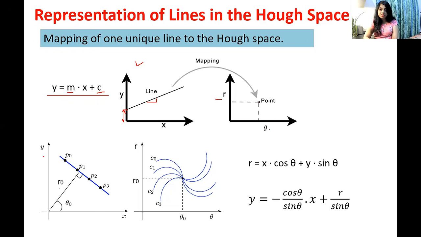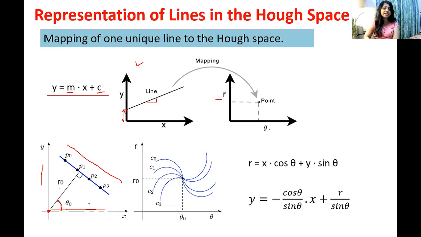Suppose this is the x-axis, this is the y-axis, and this is any line. And P0, P1, P2, P3 are points lying on that line. So when you join the 0 coordinate, that means at x equal to 0 and y equal to 0, and draw a perpendicular on this line, then you will get some angle between this line and the x-axis. That angle is known as theta 0.